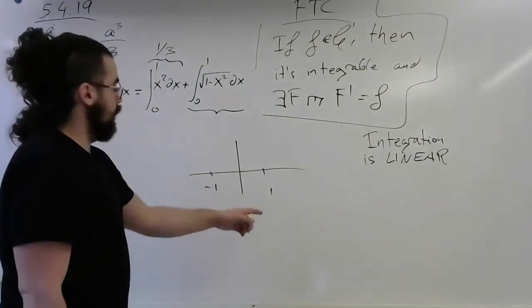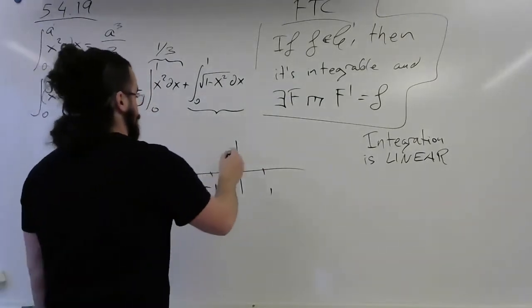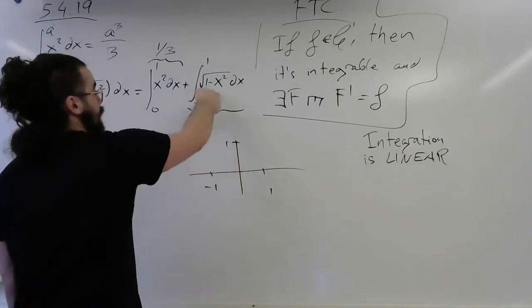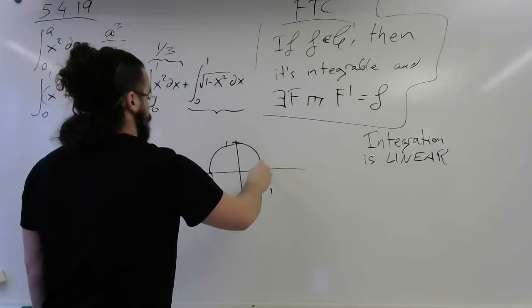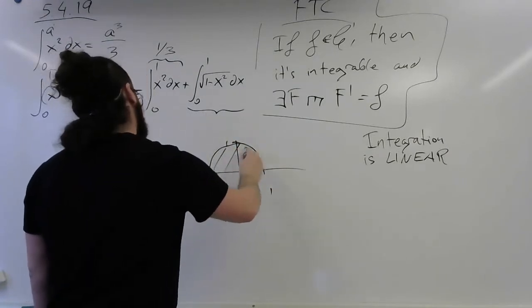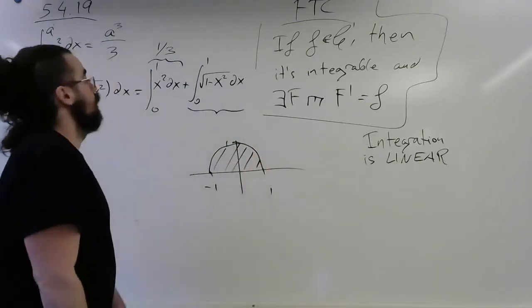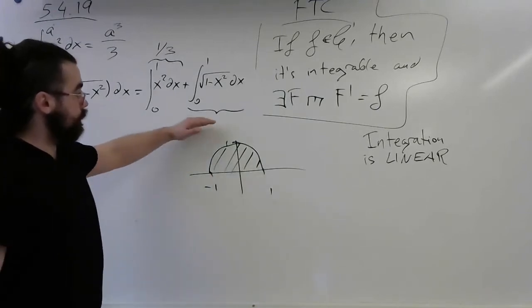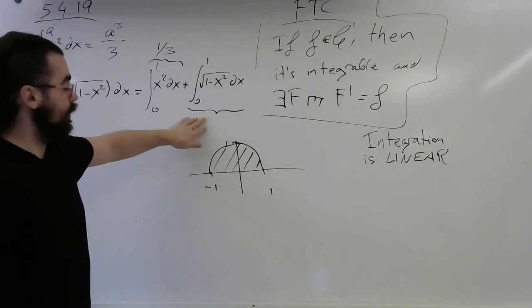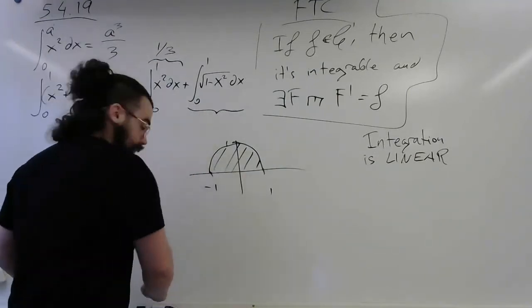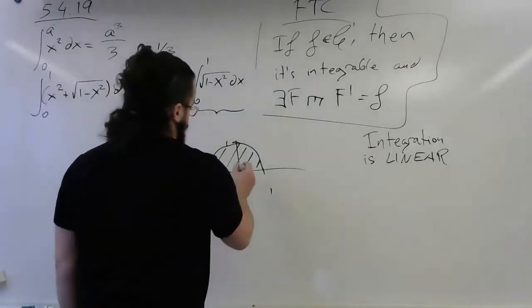If we have -1 and 1 in this axis, and this is 1, this is the equation of a semicircle. And so what this integral represents is this part of the area.